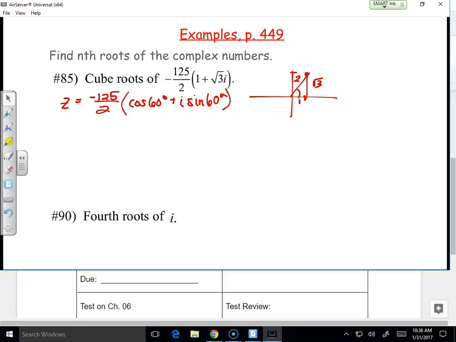Now I can say, okay, cube root of z is equal to z to the 1/3. My cube root, my negative 125 over 2. And the theorem tells me cube root the r, and what do you do to the theta?